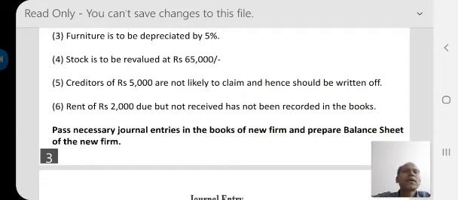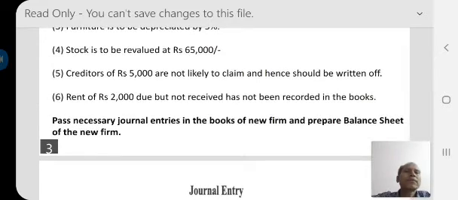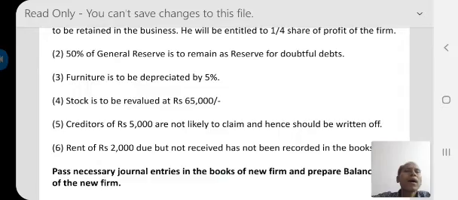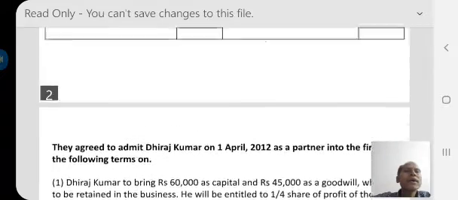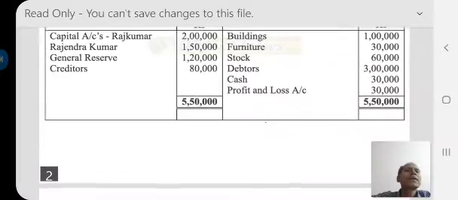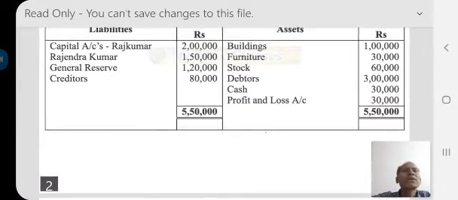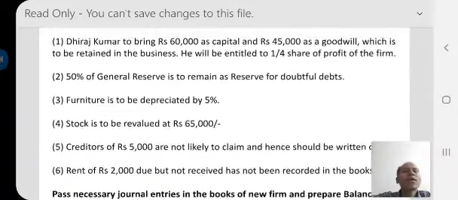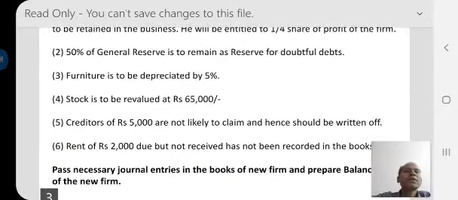Stock is to be revalued at 65,000. Stock is 60,000 in the balance sheet, and in the adjustments it is given as 65,000.